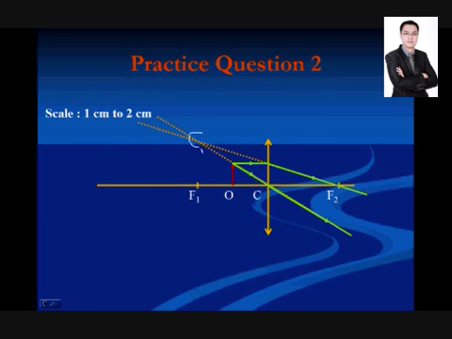At the position where the two dotted lines intersect is where the image exactly is, indicated by the dotted line upright arrow to represent an image formed due to these two rays which are dotted lines. Now the lines are dotted because they are not real light rays, they are virtual light rays. So virtual light rays will obviously produce a virtual image. So this image is actually a virtual image indicated by dotted lines as well.